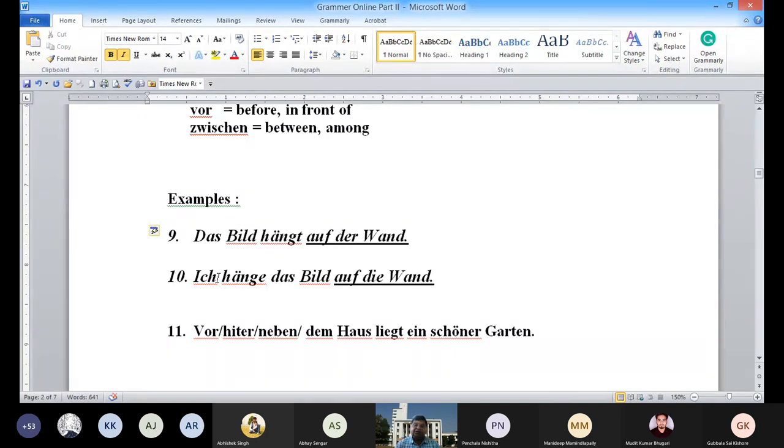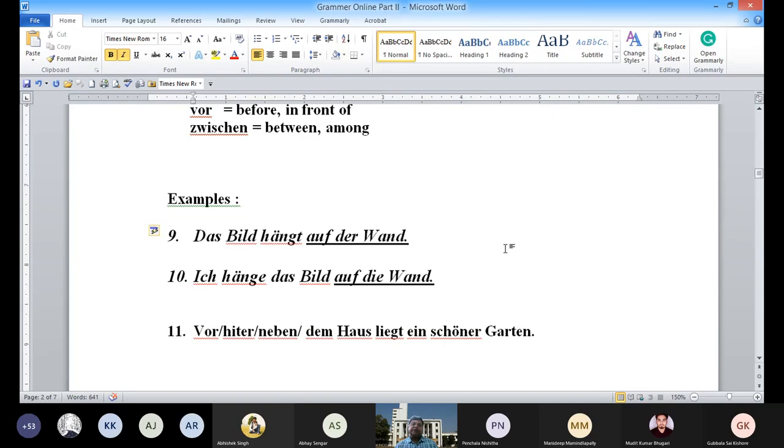Wand means wall. If I am hanging, that means it's action, some agent. Action will happen only if somebody, some person, some agent is involved. So that's why this sentence is showing action. Ich hänge, I am hanging. I am involved, I am doing something, so some action is there. And there is a picture, and I am putting it on the wall. And that's why here after auf, it has become die, because Wand is a feminine noun, and in accusative feminine, it becomes die.